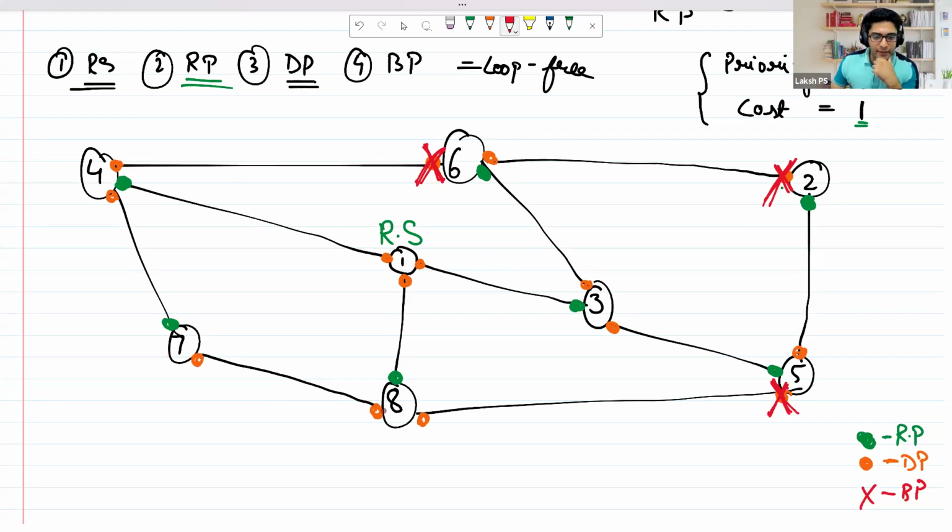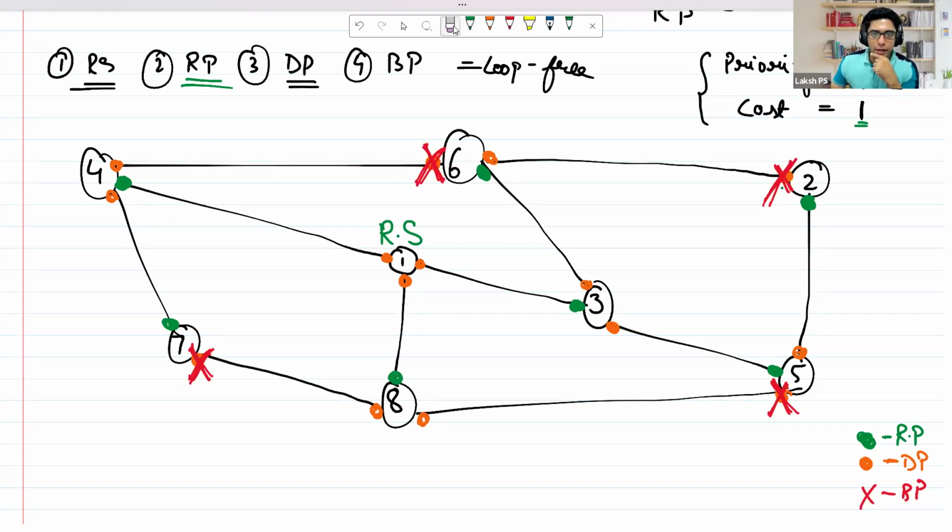Then moving to 7, between 7 and 8, we have a DP-DP connectivity. Obviously, 7's cost to reach switch number 1 will be higher. So 7 will block the interface. For 8, we don't have to do anything.